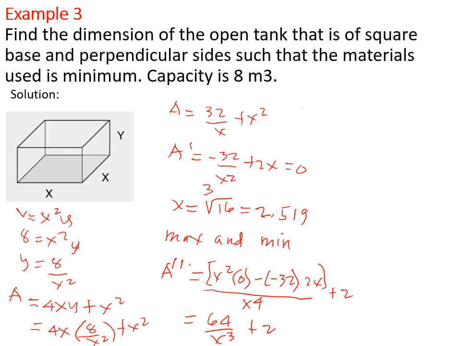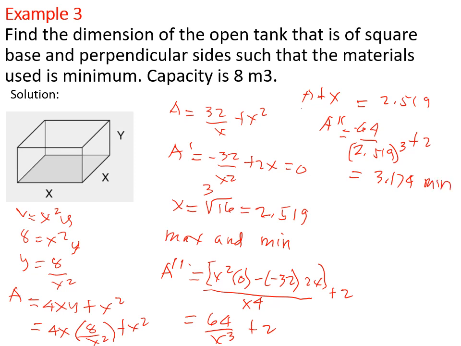So at x equals 2.519, A double prime equals 64 all over 2.519 cubed plus 2 equals 3.174. So minimum.